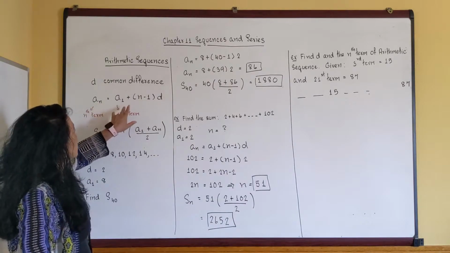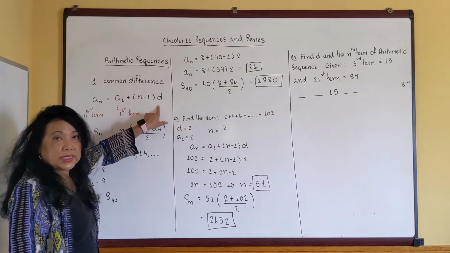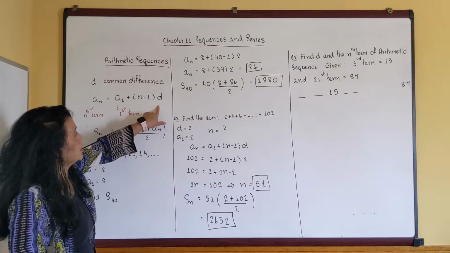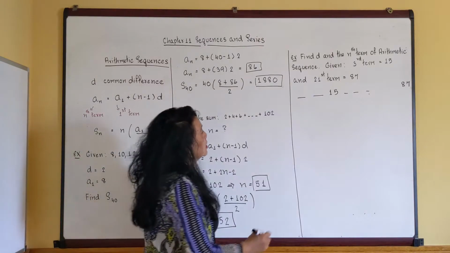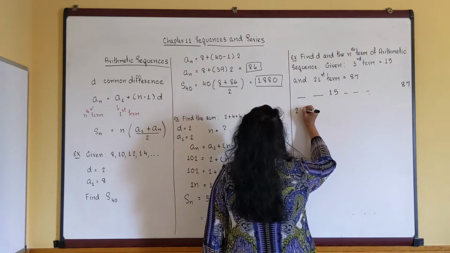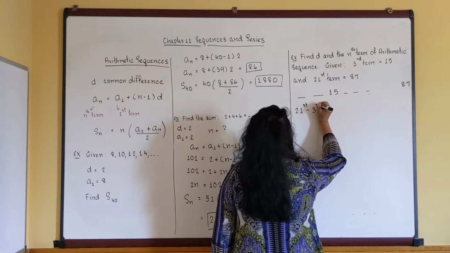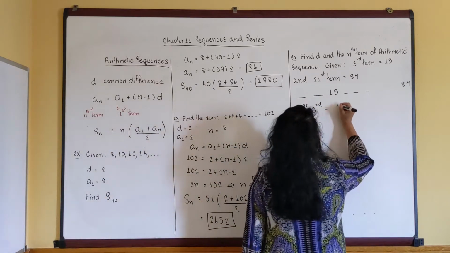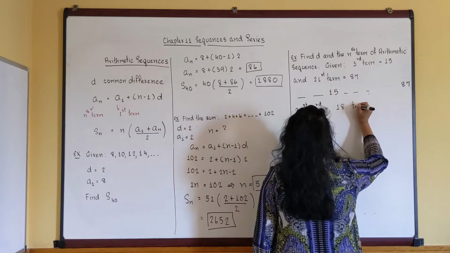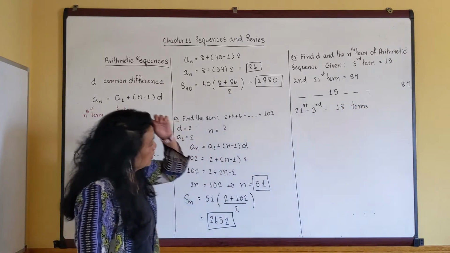So we need to know a sub 1. We don't know a sub 1. We need to know the d. We don't know the common difference. So we want to see the 21st term and the 3rd term, there are 18 terms between them.